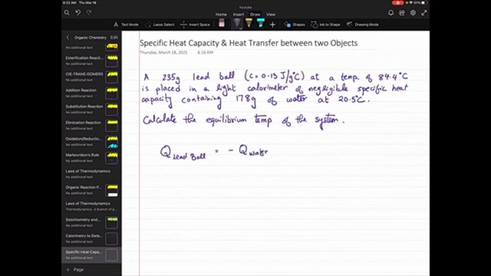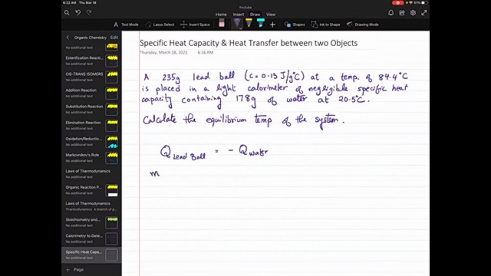Because one is losing and one is gaining, the lead ball's heat is the opposite of what is happening to the water, negative Q. Or you can say the heat of the water is the negative of the lead ball's Q. All right, once we have that, we can write down our equation and solve right away. We don't have to do it in pieces, we can just do it together.